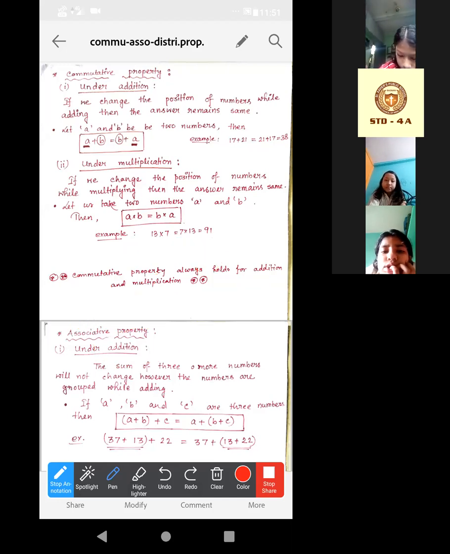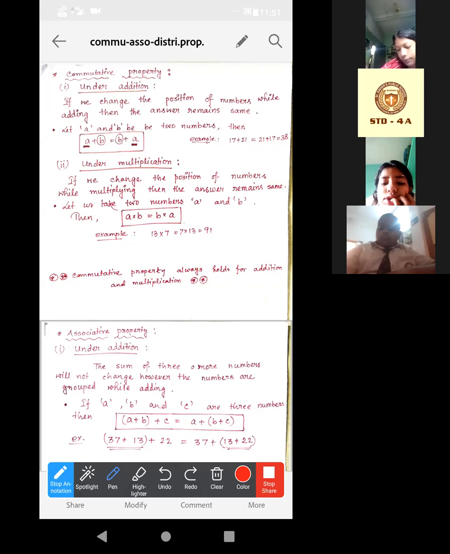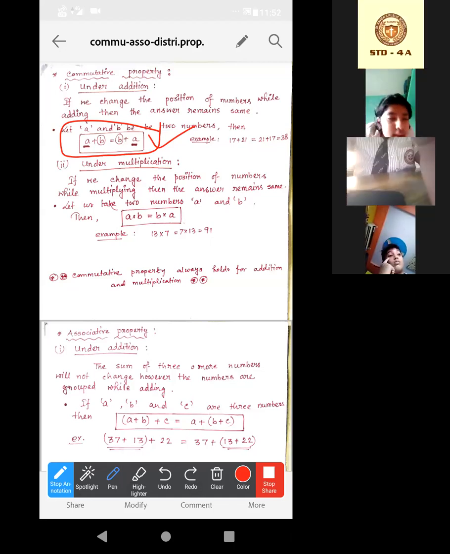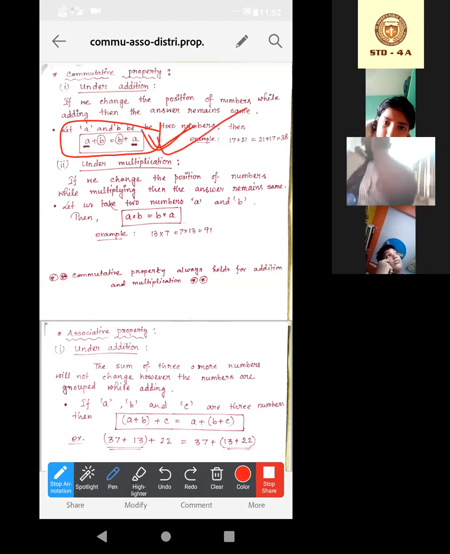Okay. Now I have made you understand by using some numbers. Here we have written by taking some alphabets, that is in general form, okay? If we take any number, it will be a particular case, so we are not going to write in a particular case. In general form, we write the rule or property, okay?